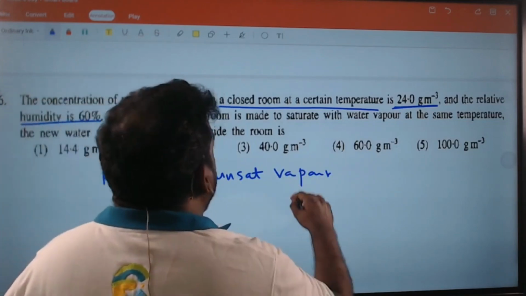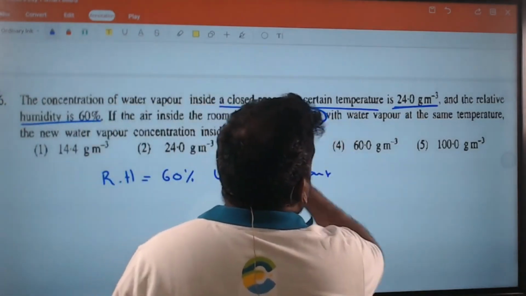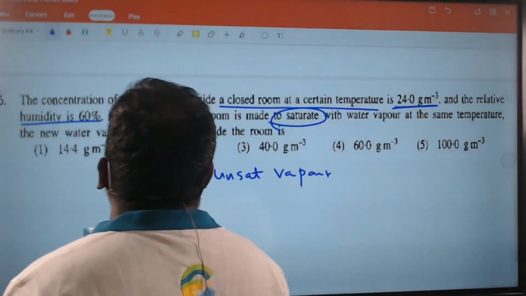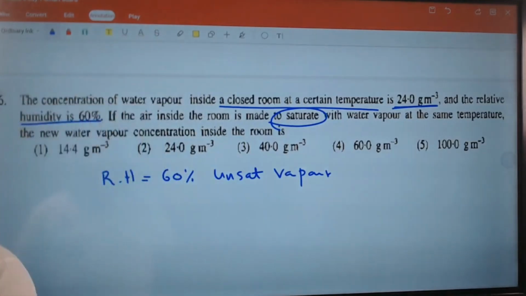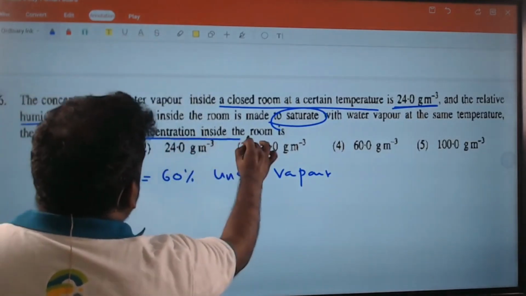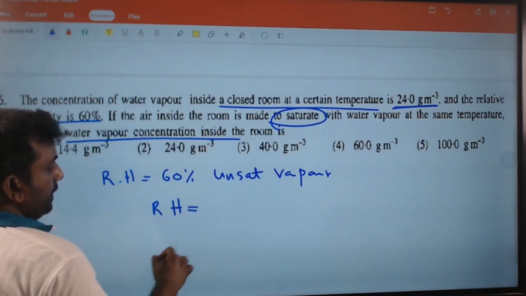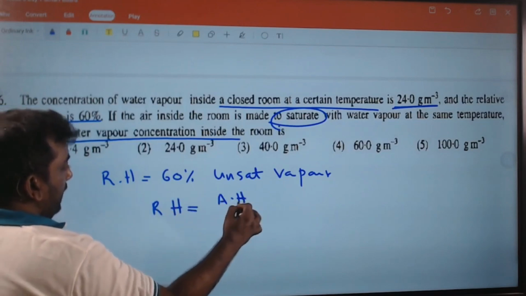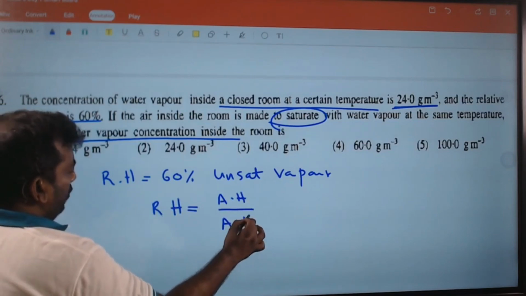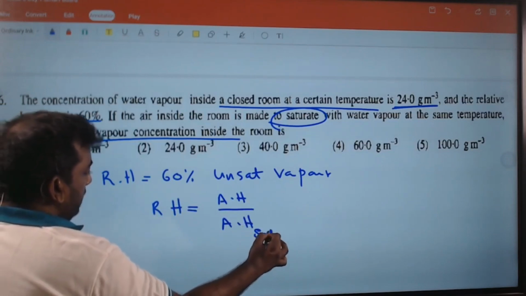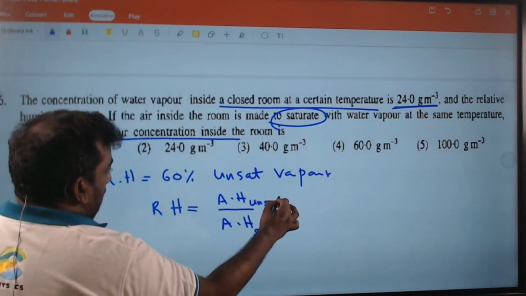If the air inside is made to saturate with water vapor at the same temperature, the new water vapor concentration inside the room is, right, RH equals absolute humidity divided by absolute humidity at saturation, multiplied by 100.